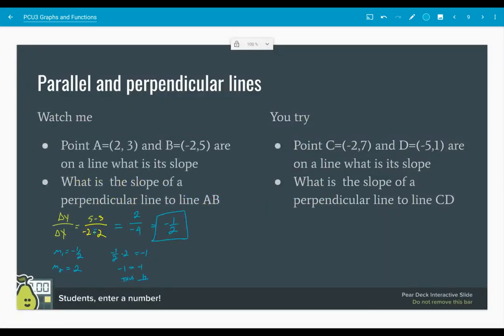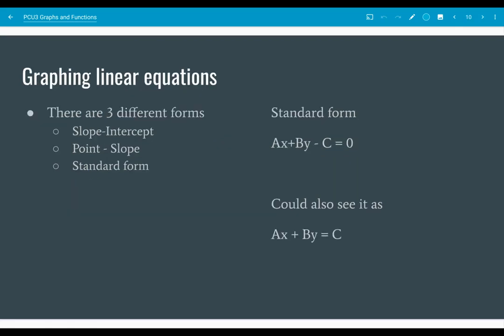So this other one you're going to work in class. So now that we understand slope and points and how to graph them, we're going to look at how to graph linear equations. Okay. There are 3 different forms. Standard form of a linear equation we're kind of familiar with.